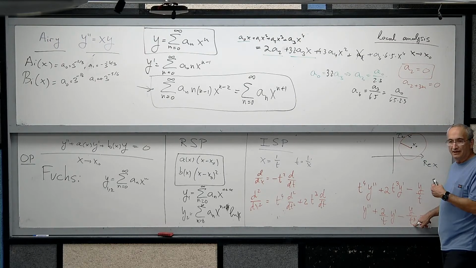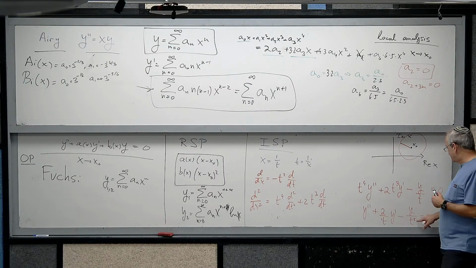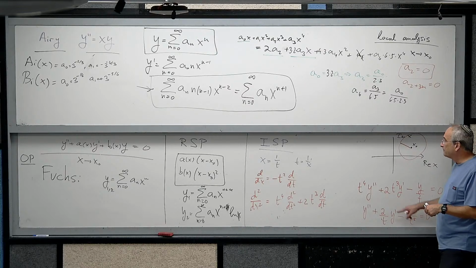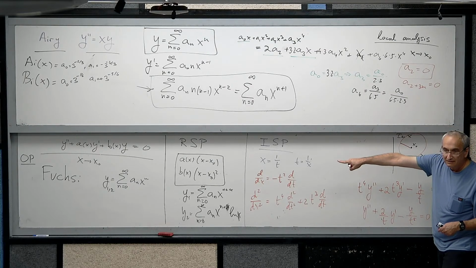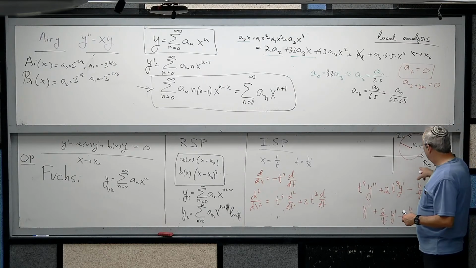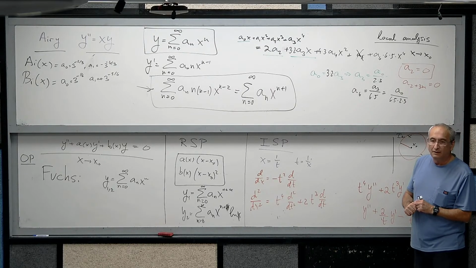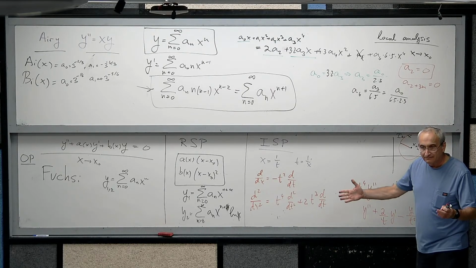This term, as t equals 0, diverges, and if I multiply it by t squared, it still diverges. So the Airy function has an irregular singular point at infinity.